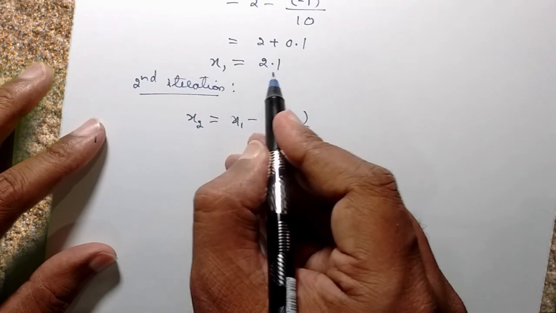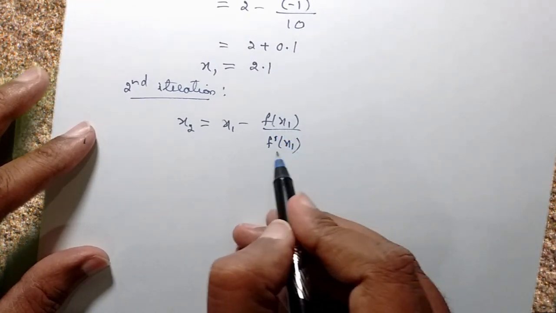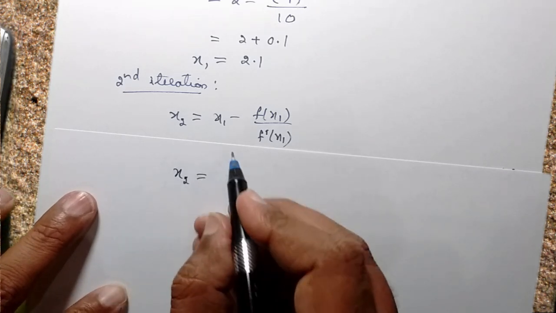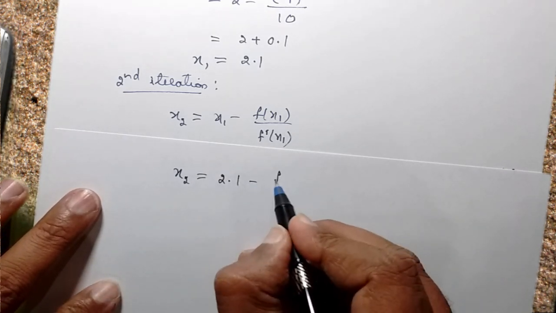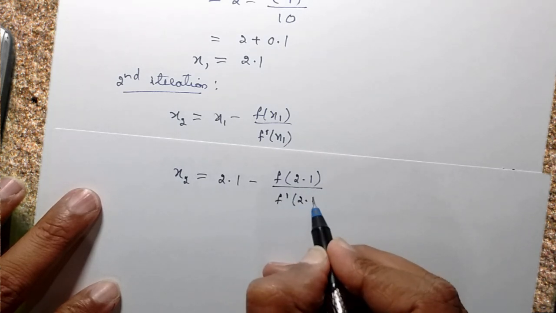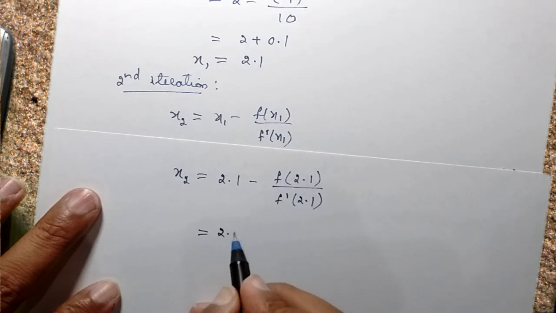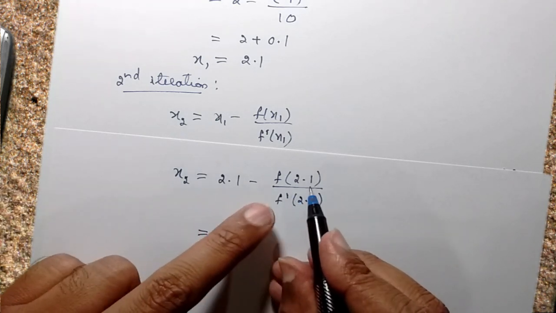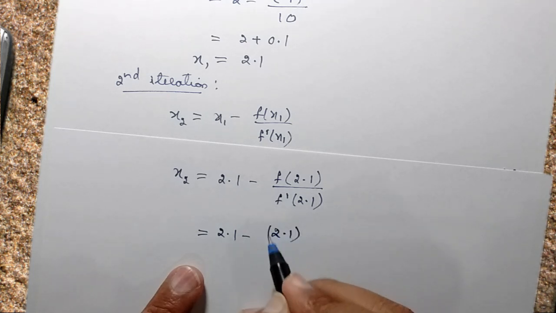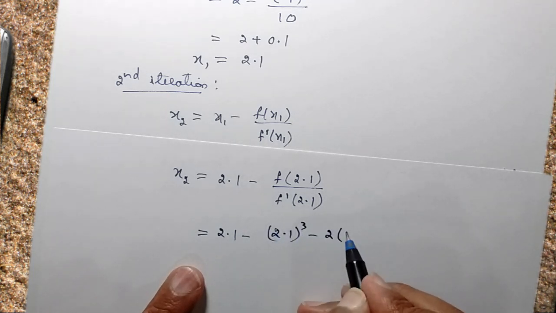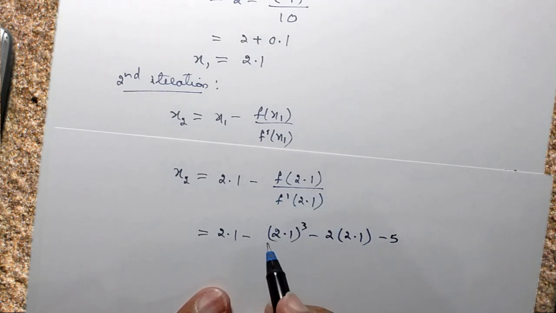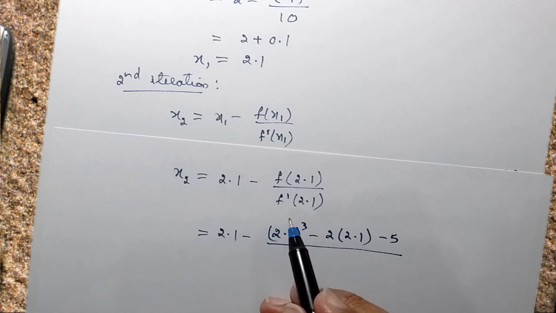So x1 value is what? 2.1. Similarly, you have to find out f of x1 and f dash of x1. So x2 value will be equals to, what is x1? 2.1 minus f of x1 value is 2.1 whole divided by f dash of 2.1. So therefore we'll be getting 2.1 minus, what is f of x? So in place of x you just put it as 2.1, so it becomes 2.1 whole cube minus 2 times of 2.1 minus of 5. You can see that function f of x whole divided by f dash of x function is already known.